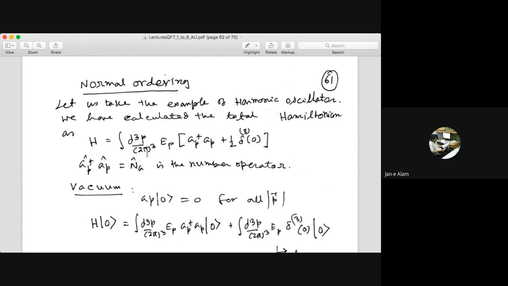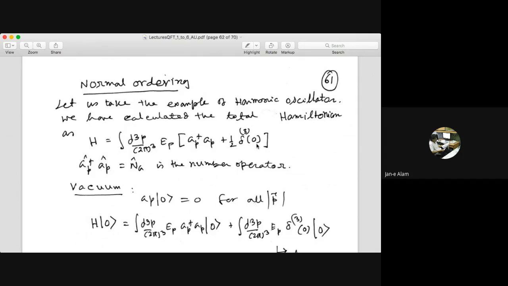And then we extended the techniques which you use in non-relativistic quantum mechanics to quantize the field and calculate the Hamiltonian. That Hamiltonian we have calculated as the integral d cube p by 2 pi cube, E_p, the energy, which is root over p square plus m square, times AP dagger AP, creation and annihilation operators, plus there was a Dirac delta function with argument 0, right?